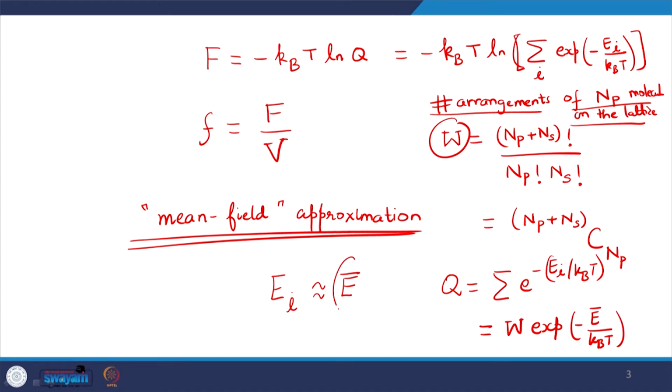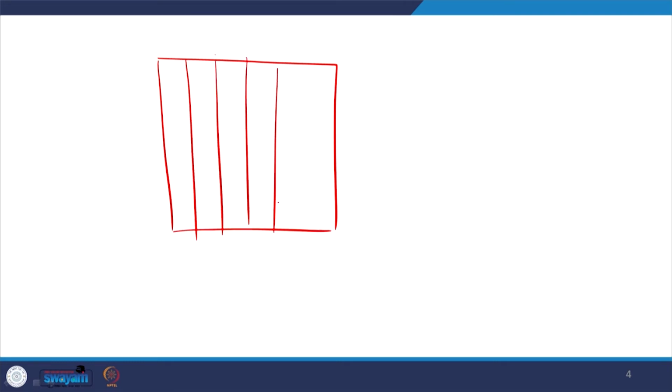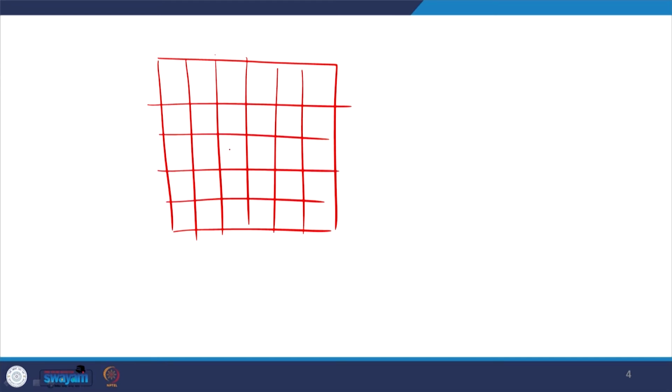And how do we evaluate this E bar is the following. So, basically the question that I am trying to ask, let us say if I look at any particular site on the lattice and let us say if it is occupied by the solute molecules, then what is on an average the number of solute contacts around it? What is on an average the number of solvent contacts around it?